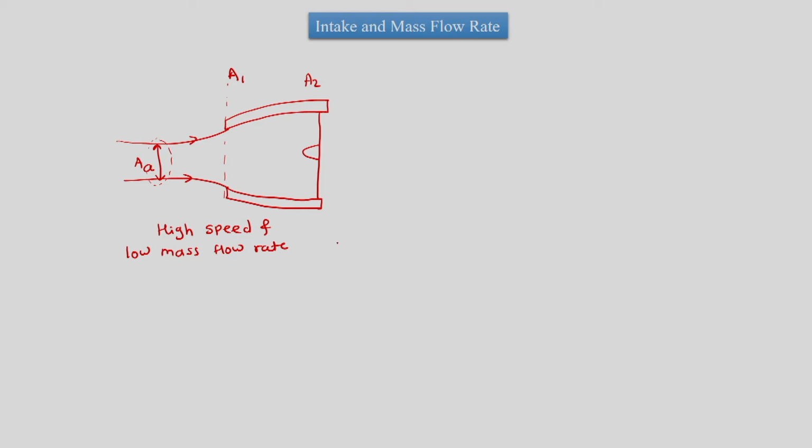So, this is leading to lower mass flow rate, and what would happen in this case, we are having a divergence from station A to 1, and then again there is divergence from 1 to 2. So, if we plot the TS diagram, then at station A this is the pressure P_A, and from A to 1 there is a rise in pressure.